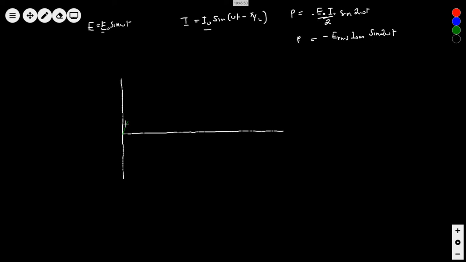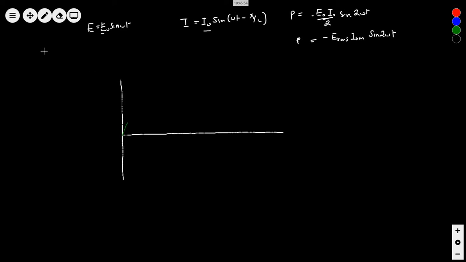In this case, which one is in phase? Voltage is in phase, right? So the voltage will be in phase. E equals E naught sin omega t. The voltage is in phase, no problem. Next is the current. Current is lagging, right?